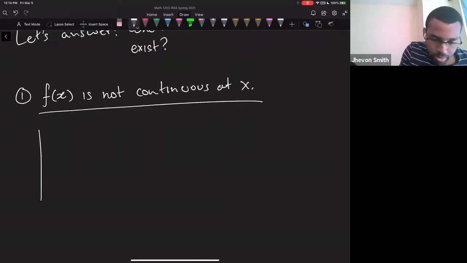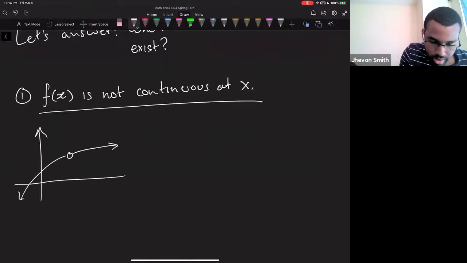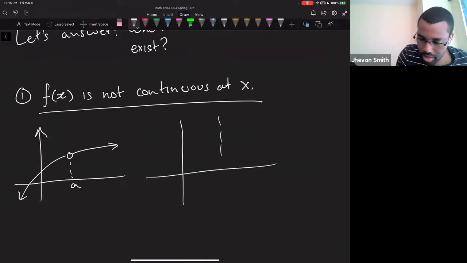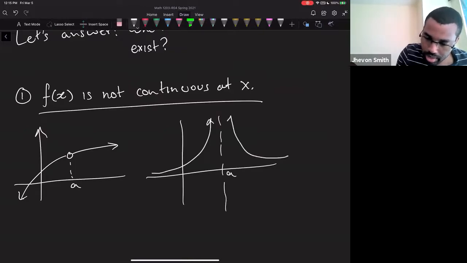So if you have a function like this, or you have a function like this, right? There is no derivative at a.